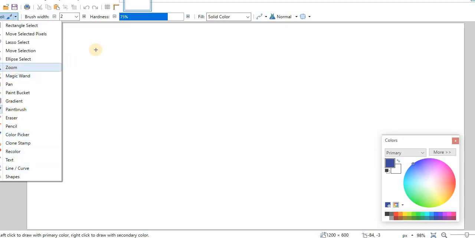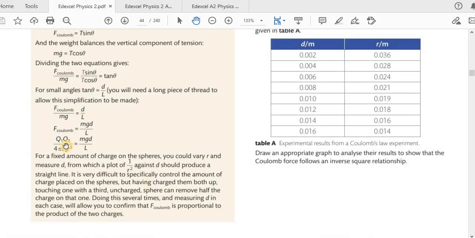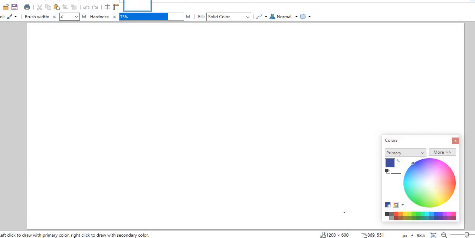So what we have here is the Coulomb's force, k q1 q2 over r squared.